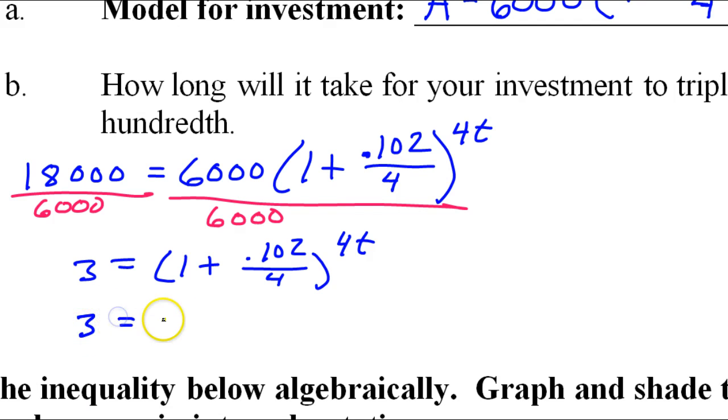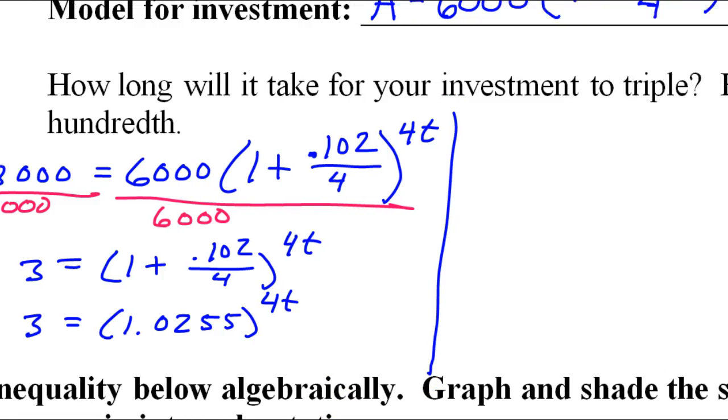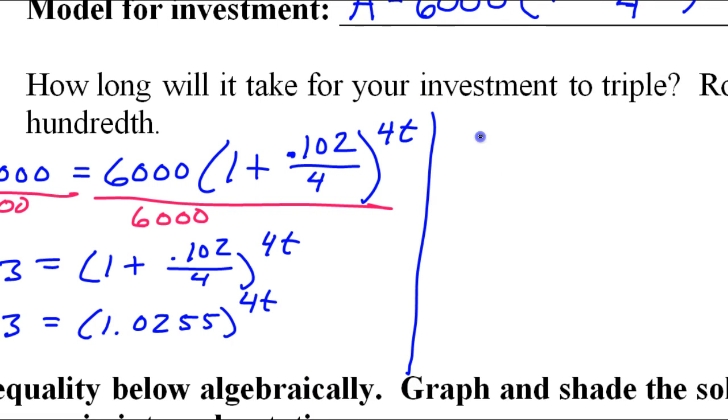So we have 3 is equal to 1.0255 to the 4t power. So to get the variable out of the exponent, I need log form. So if I rewrite this in log form, then I'm going to have log base, the base is this number, so it's log base 1.0255.